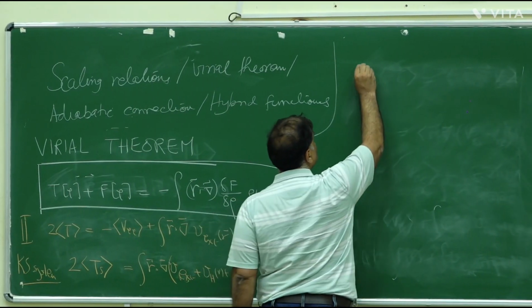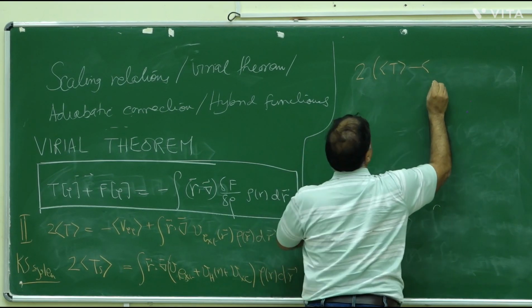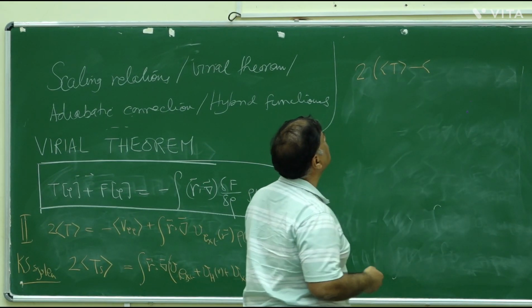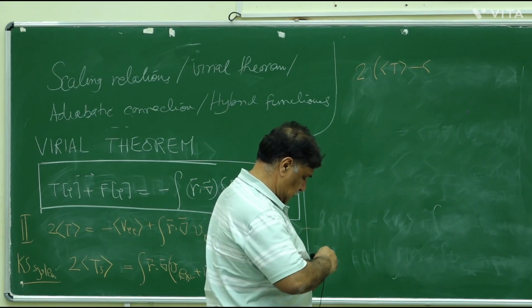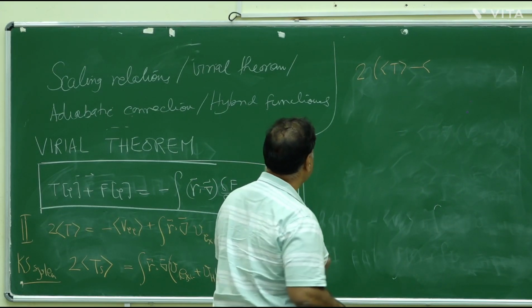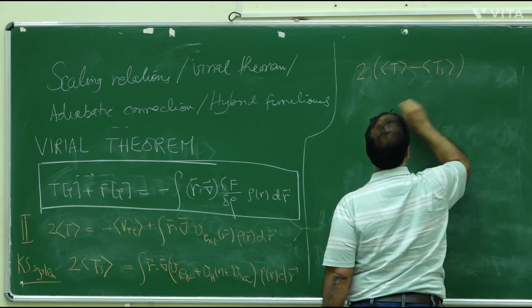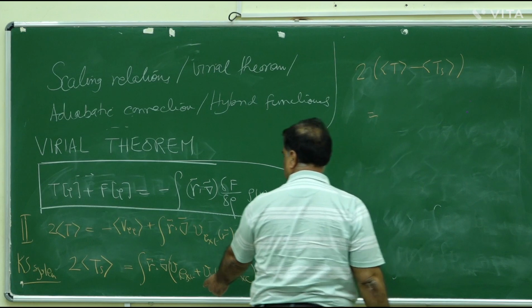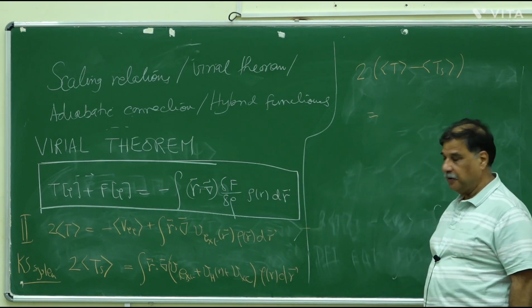I get 2T minus 2Ts is equal to, subtracting this from this. So the V external term will go away, right?